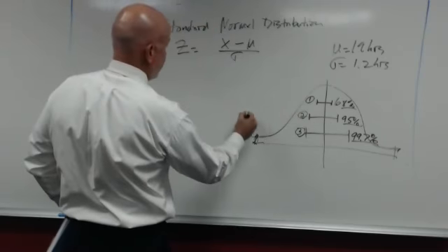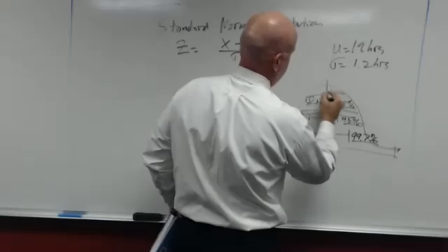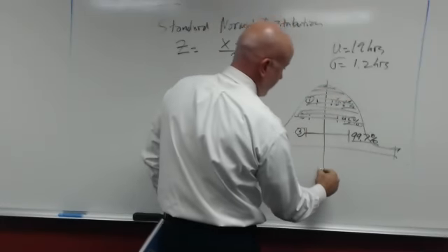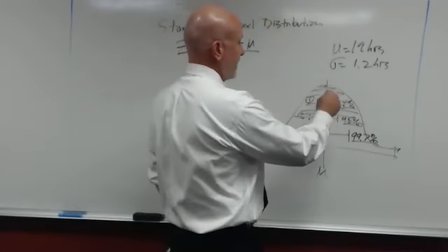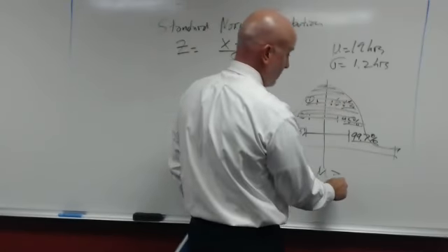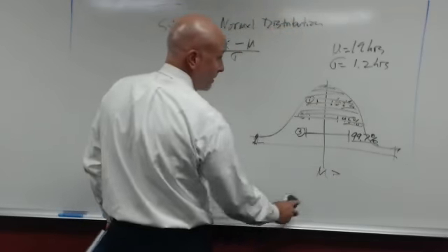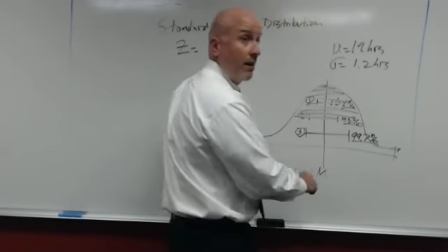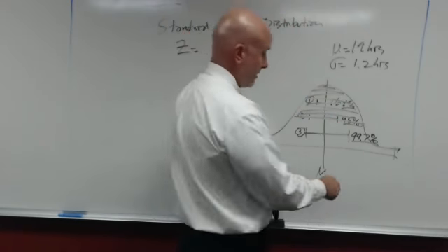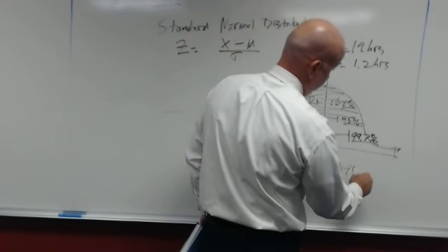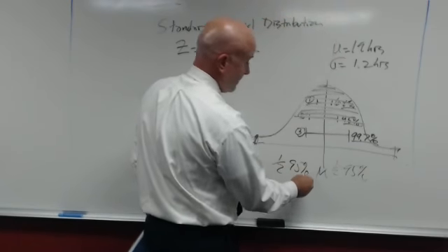Remember, if 95% is under the curve, and here's the mean, of that 95%, how much is going to be greater than the mean? Remember, a half of that. So half of the 95%, and then half of the 95% is going to be over here.